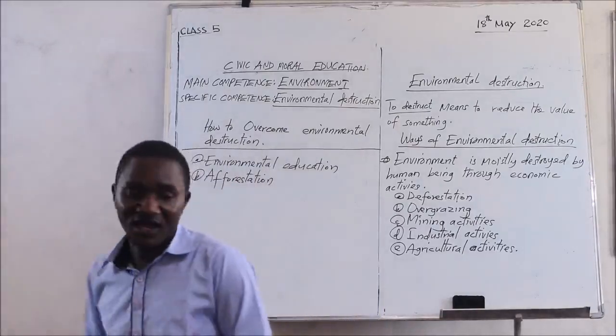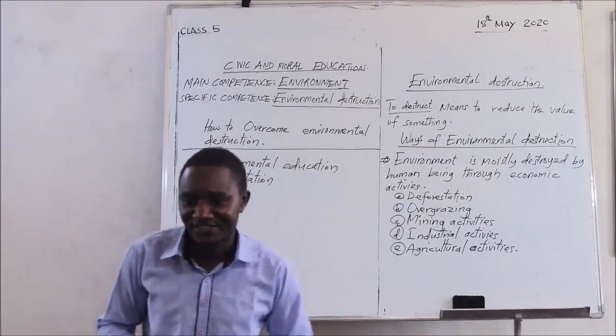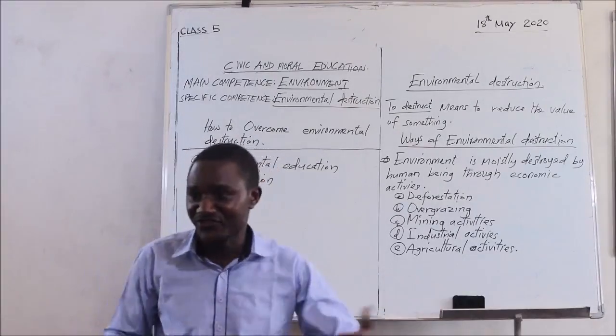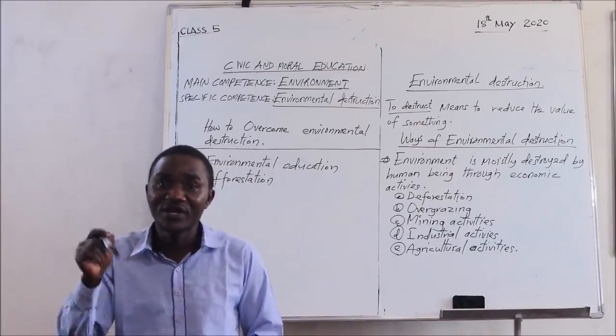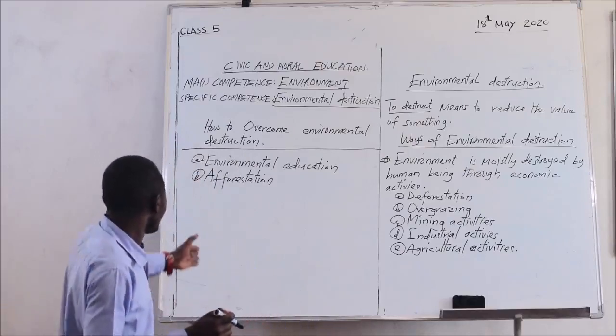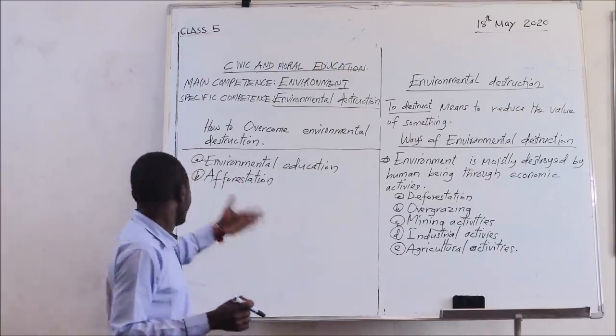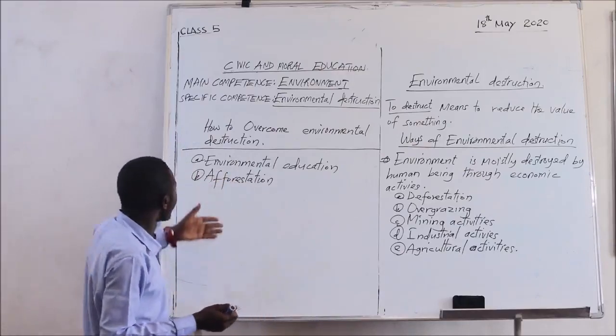Afforestation means the process of planting trees on bare land. You find the area has no trees, you plant. So when you plant trees in an area where there are no trees, it means you make afforestation. This is another way of solving this problem of environmental destruction.